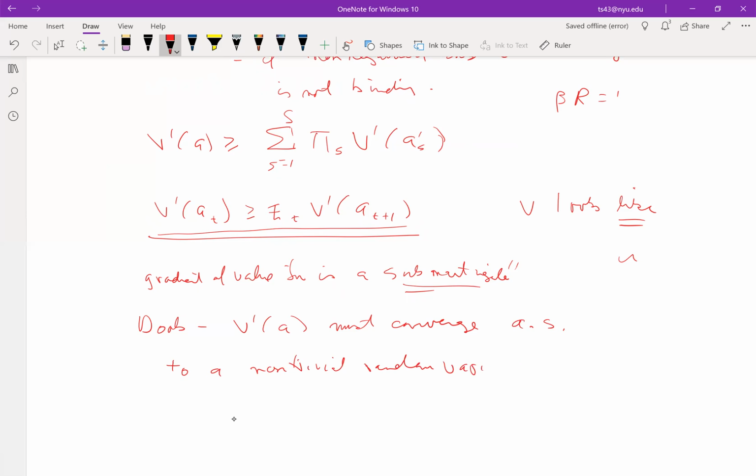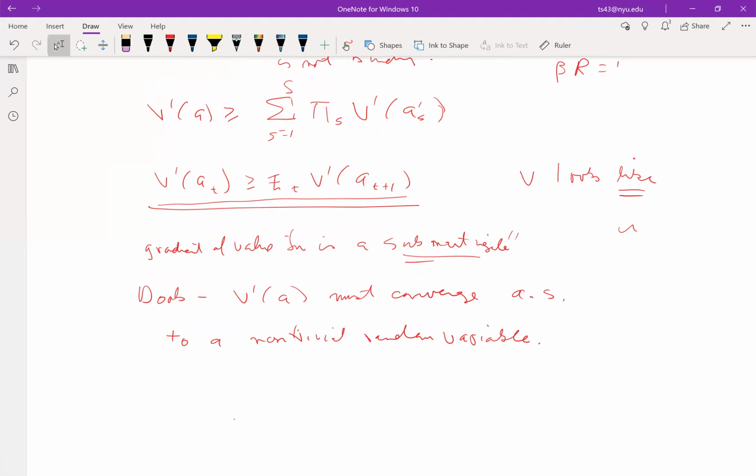You may be studying this in an econometrics class because the submartingale convergence theorem is used to prove consistency of various econometric estimators. But this is a bounded submartingale.